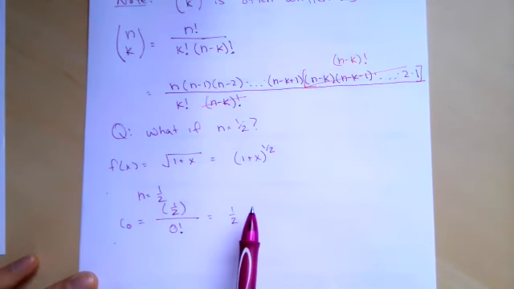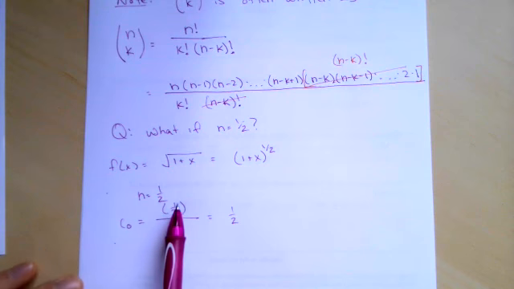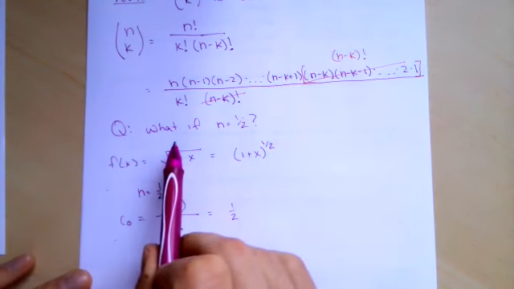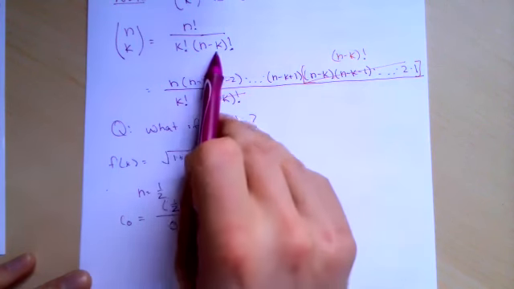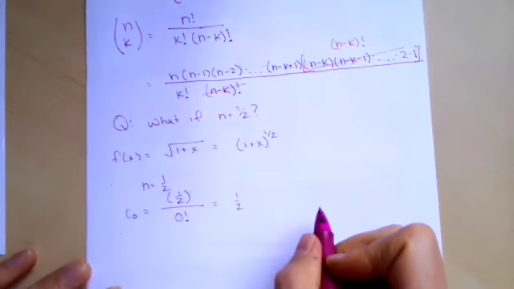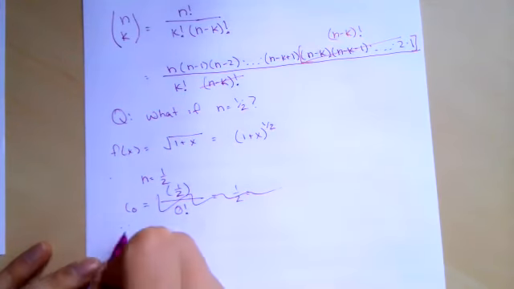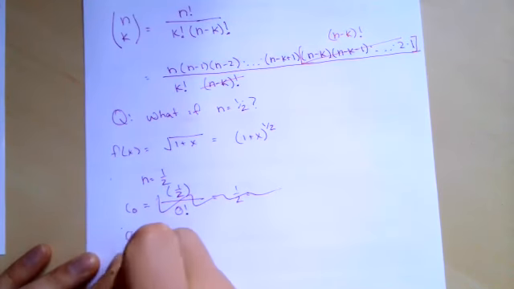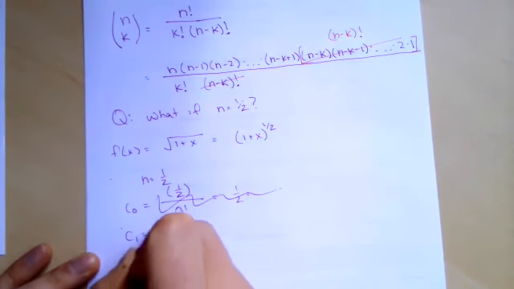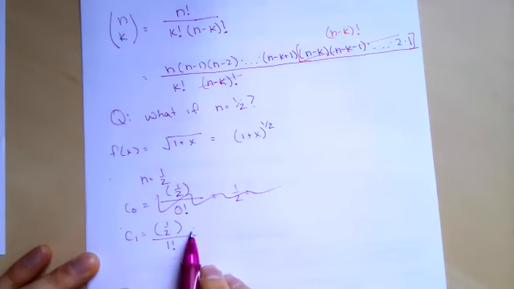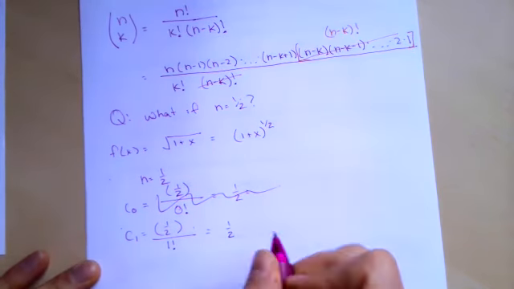Actually, hang on, that should just be 1. That's a technical point. I don't want to spend it since we're out of time. Our C1 should be our 1/2 over 1 factorial. And then we would go to 1 less, which is going to be n minus 0, which would give us that. So our C1 should be 1/2.